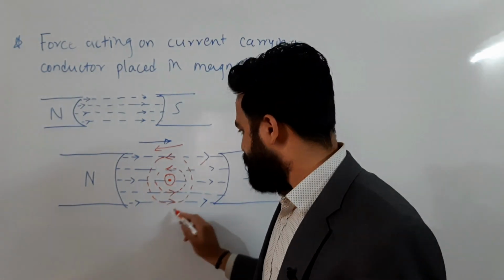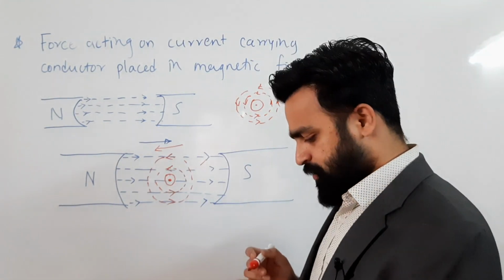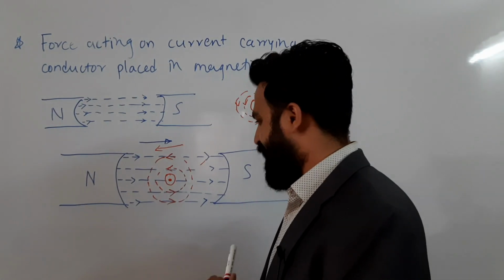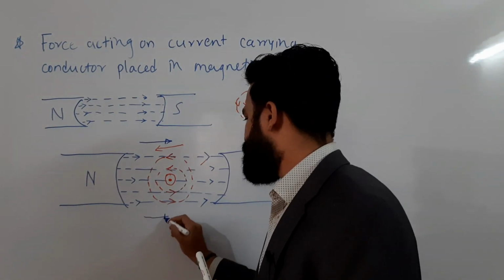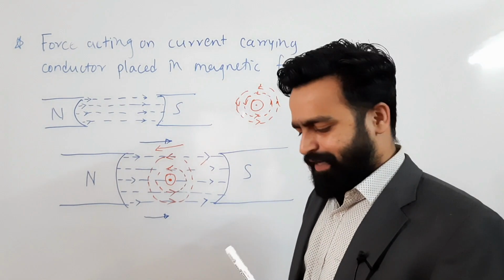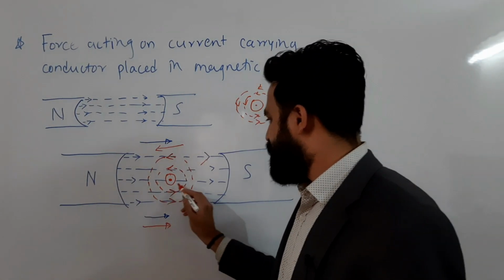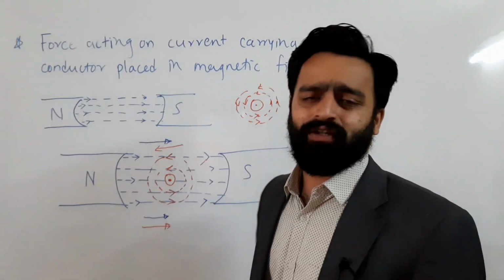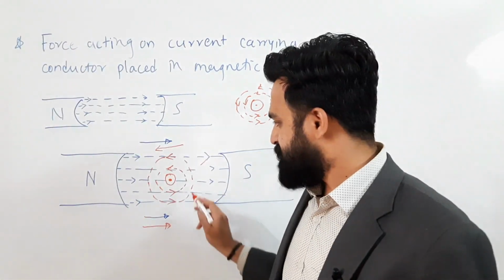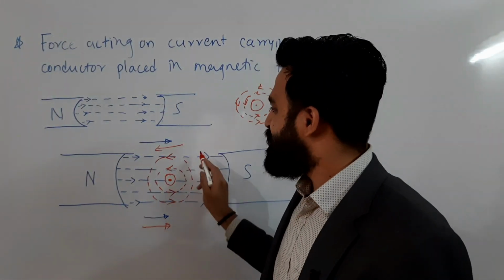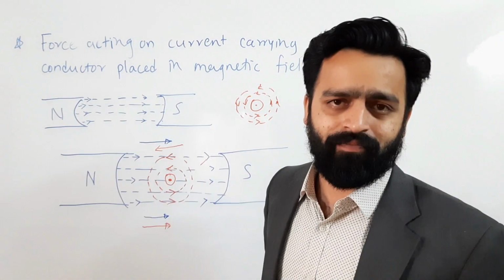And in this part of the section, you can see both of the magnetic fields. The magnetic field due to the magnet is flowing like this, and the magnetic field due to the current carrying conductor is also flowing like this. So in this part, there will be flux addition or flux strengthening. इस part में flux strengthening होगा, इस part में flux weakening होगा.